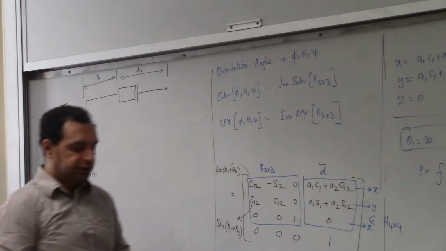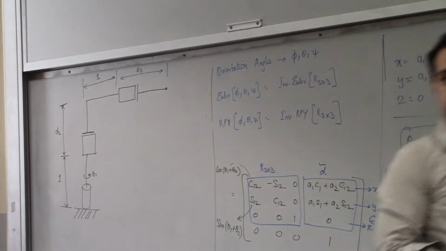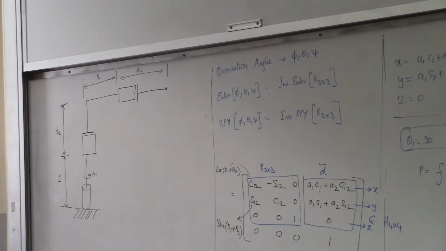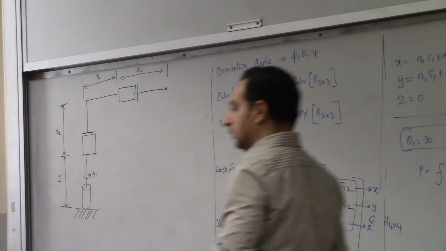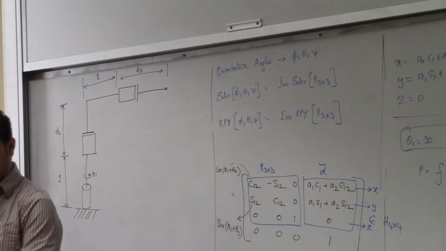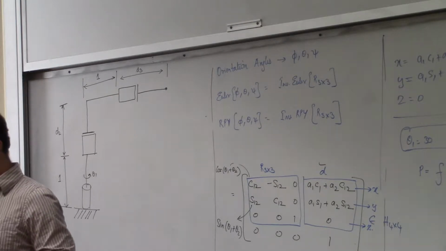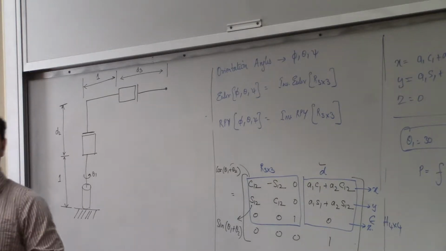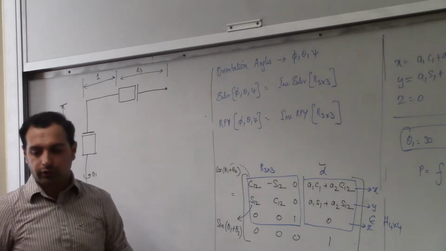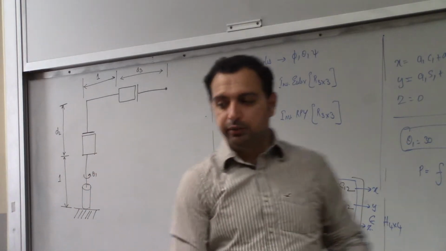Let's set up the DH table first. So this is a 3 degree of freedom manipulator.